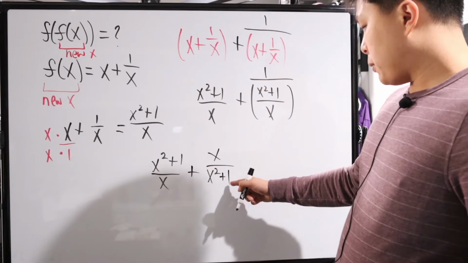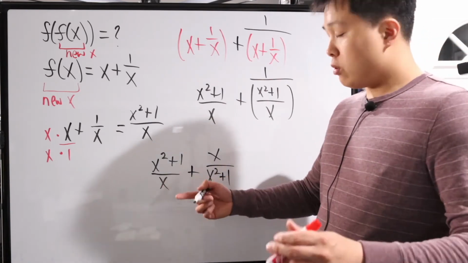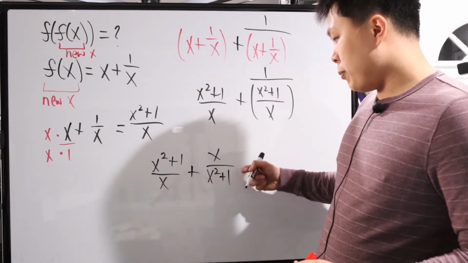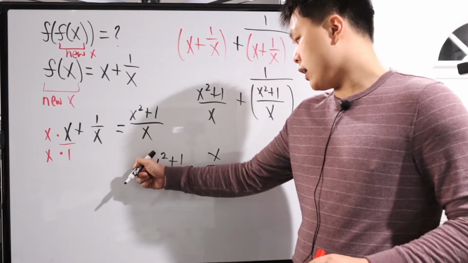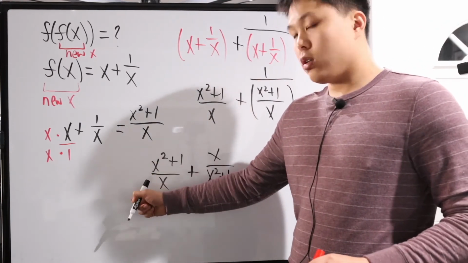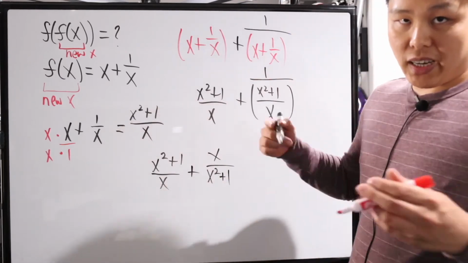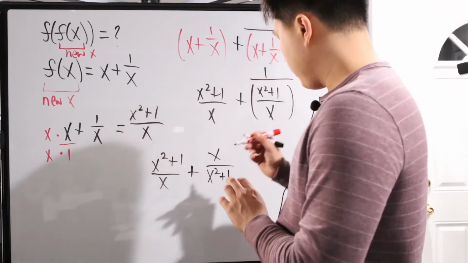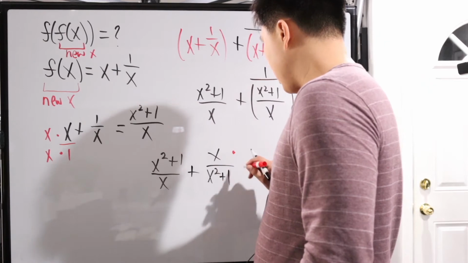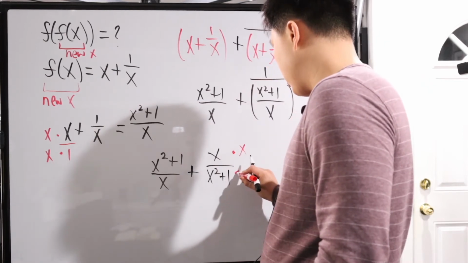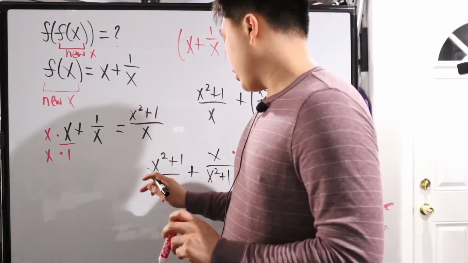This is an x squared plus 1, and this is an x. So you're going to multiply top and bottom by x on this side, and x squared plus 1 top and bottom right here, just to guarantee that they have the same common denominator. So let's do that. This is going to be times x, which is what we really want. It's easier. This one here is not so much.